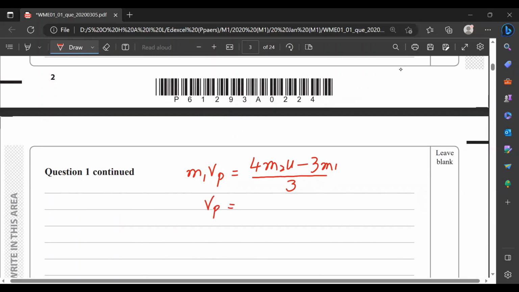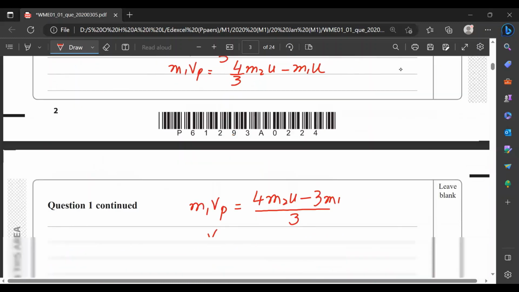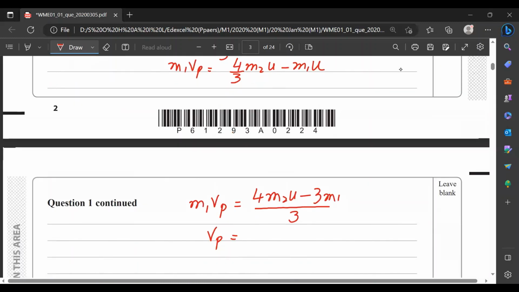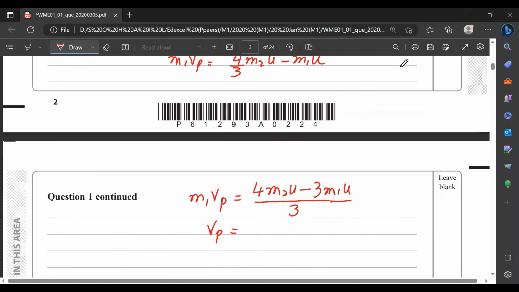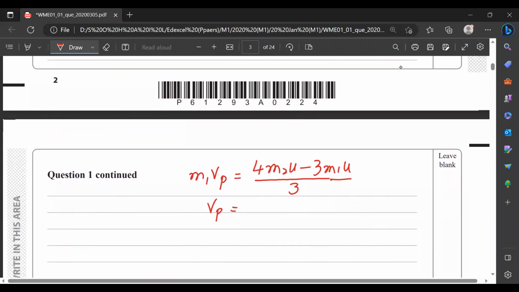So Vp is finally, in the numerator, u is common, so I can write u times (4 m2 minus 3 m1), over 3 m1, dividing by m1.